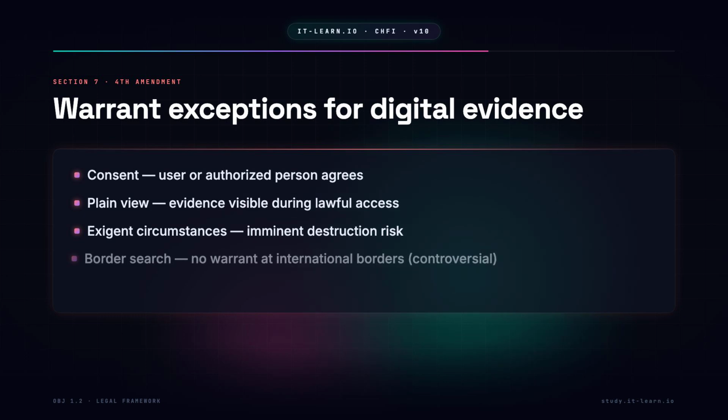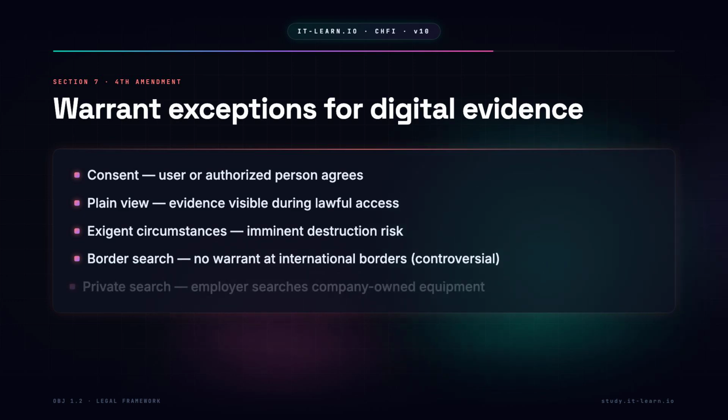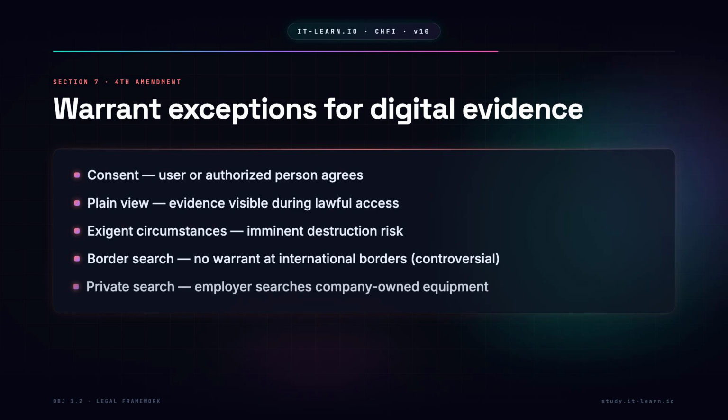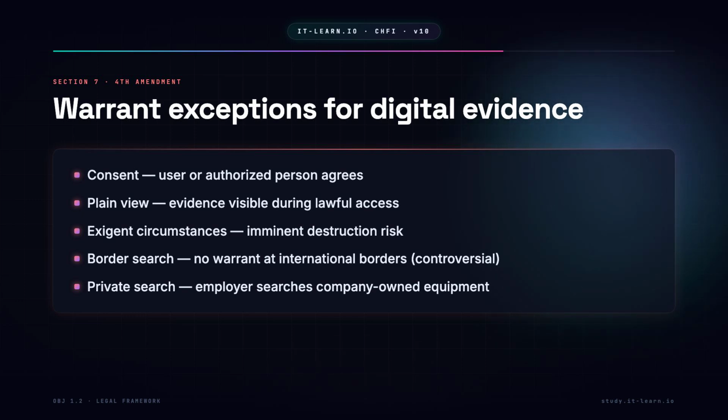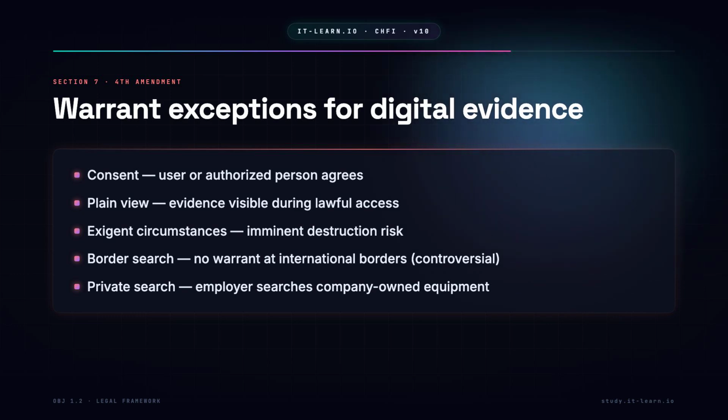Evidence visible during lawful access can be seized. Exigent circumstances. Imminent destruction of evidence justifies warrantless search. Border search exception. No warrant at international borders. Controversial. Extends to digital devices. Private search doctrine. Employers can search company-owned equipment without Fourth Amendment issues.